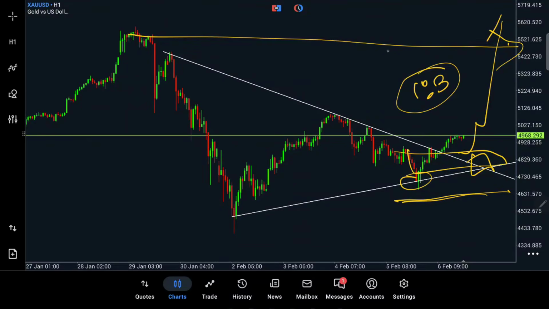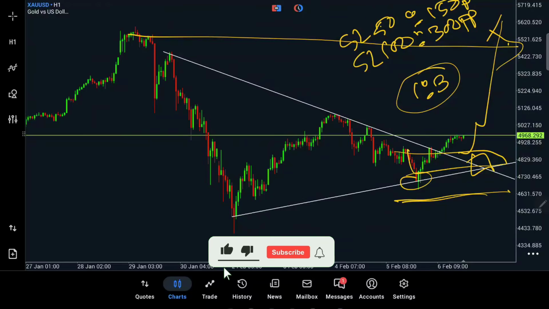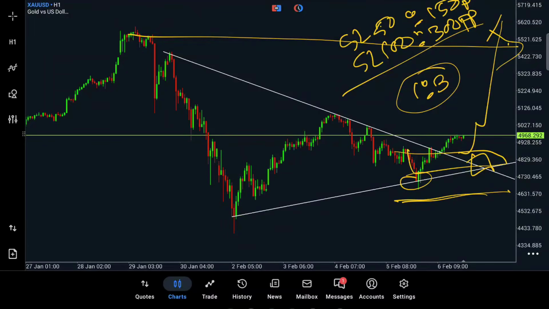That means if you take 100 pips risk, your reward will be 300 pips, so 300 pips TP and 100 pips SL. Or if you want a 50 pips SL, then your TP should be 150 pips minimum. This is the strategy that we are following nowadays, so you may follow it.